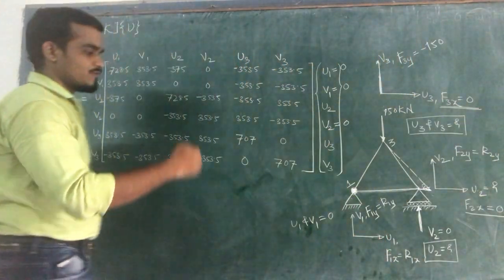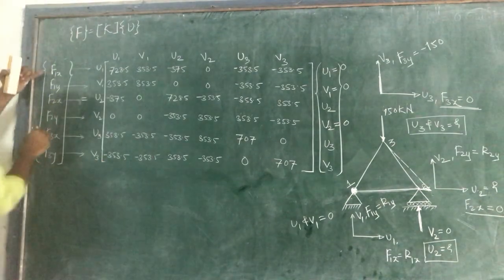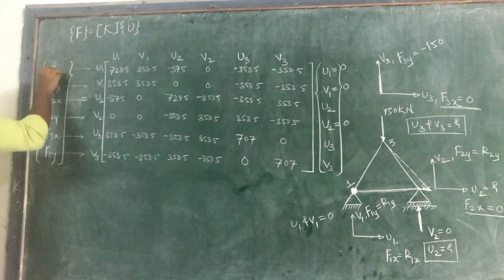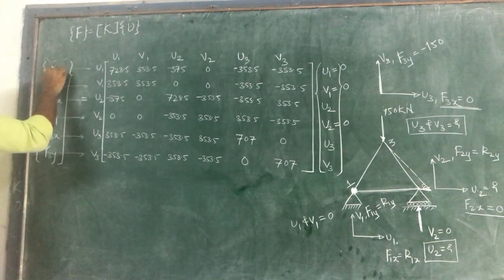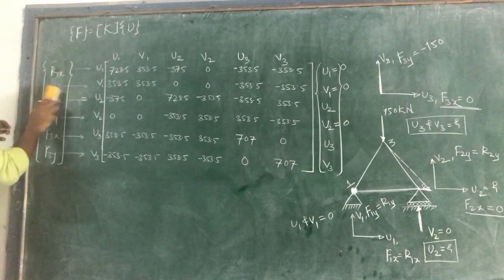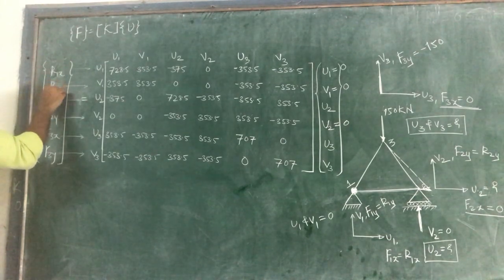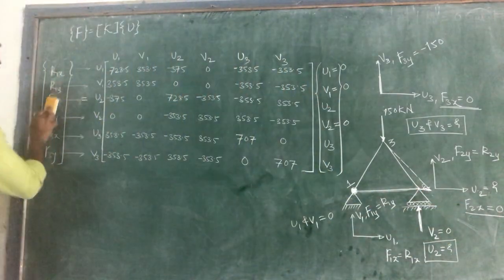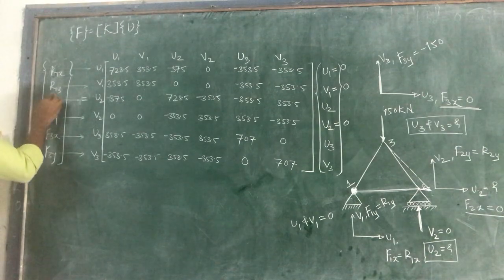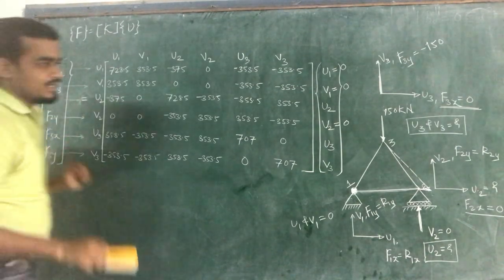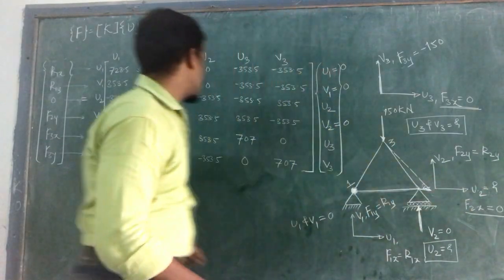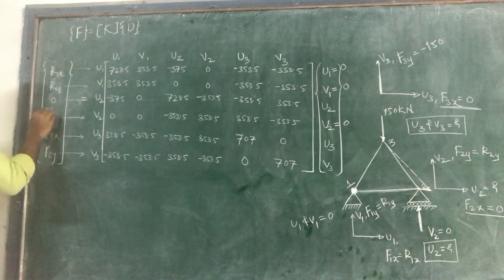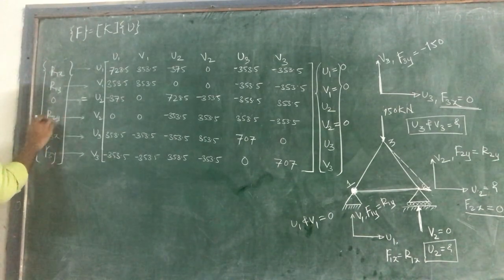So put these force values also. F1x is nothing but R1x. F1y means R1y. F2x, now look, F2x is equal to 0. F2y, look, this F2y is nothing but your R2y, this vertical support reaction, R2.